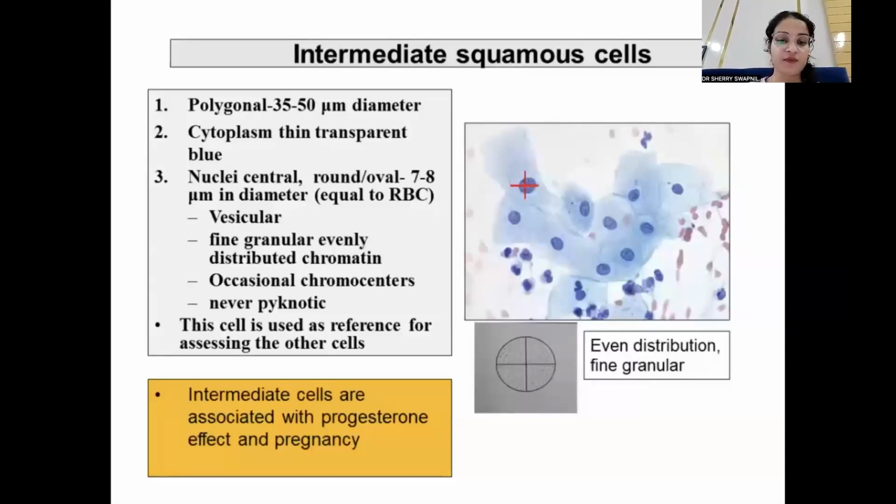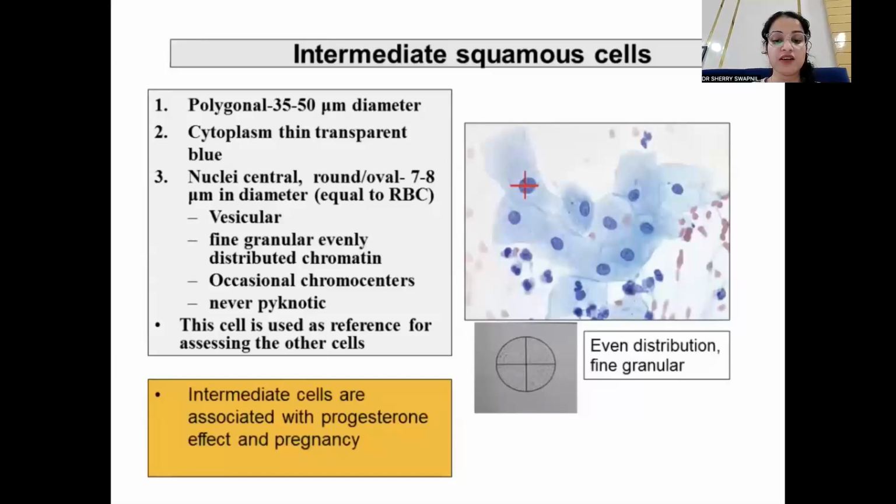Cytoplasm is thin, transparent, and blue. The nucleus, you can see, is round, oval, centrally placed. It is vesicular, as we have seen in the superficial cells, where it is pycnotic and very small. In this, it is vesicular, but we have to look into the nuclear details as well, the chromatin distribution and the nuclear contour. So it is vesicular, chromatin is fine, granular, and evenly distributed.